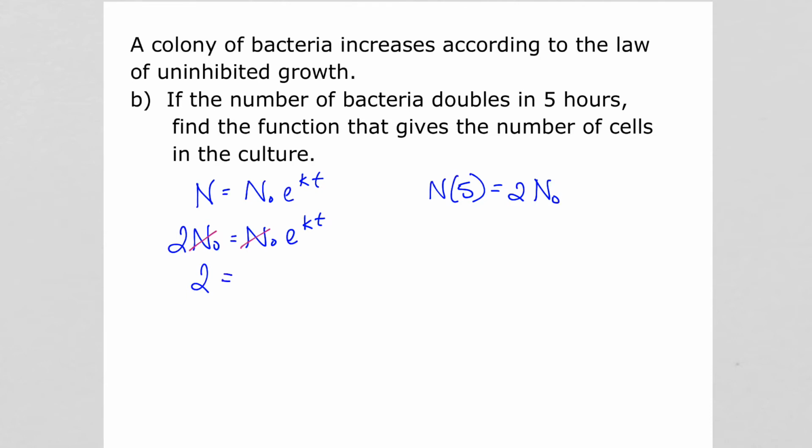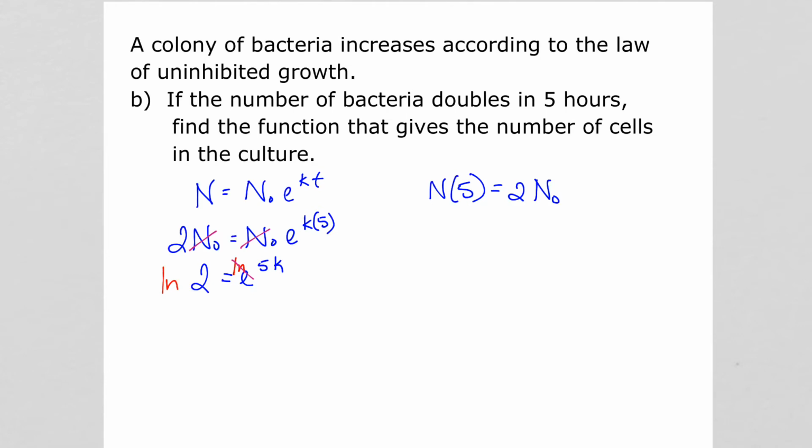So we have 2 equals e to the kt. To get rid of the e, natural log both sides. And we have t would be 5, because of 5 hours.